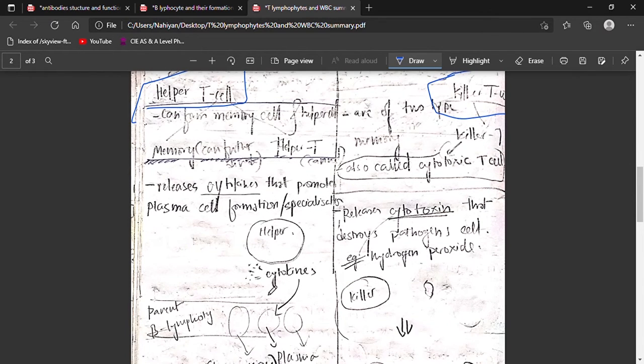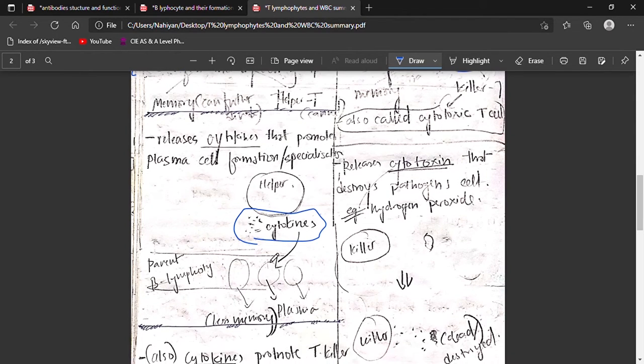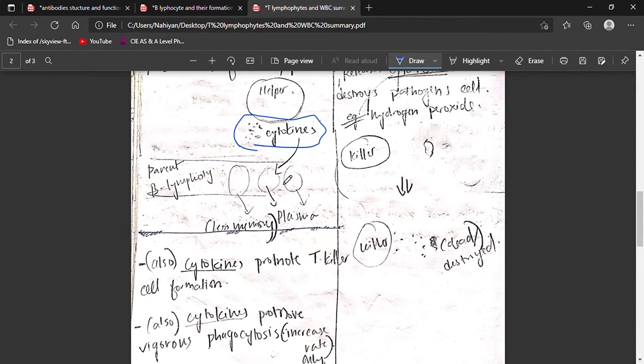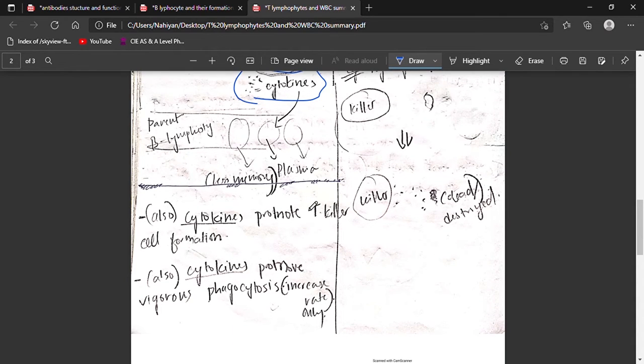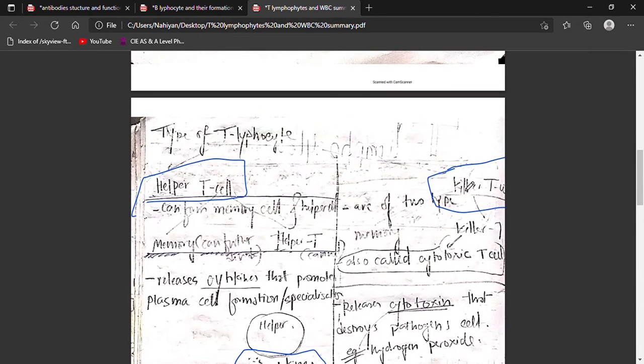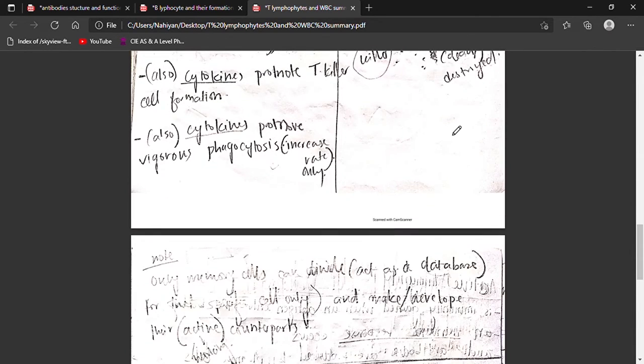So the helper cell produces a chemical that helps produce more. They go to the parent B lymphocytes and help the production of more plasma cells. The cytokines also promote the killer T cell, which we will soon talk about.